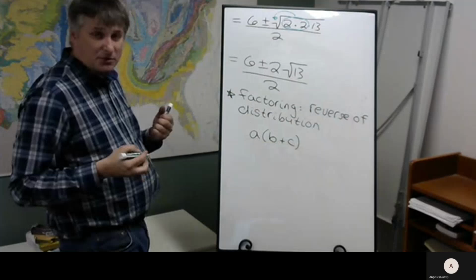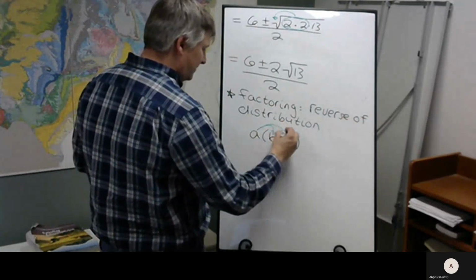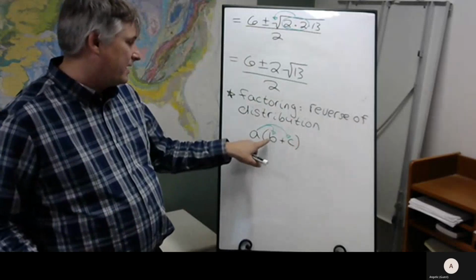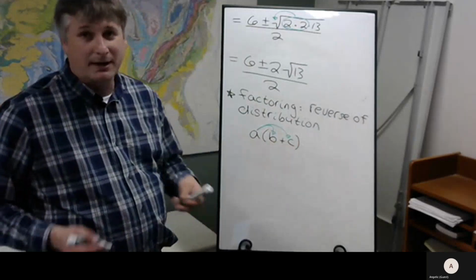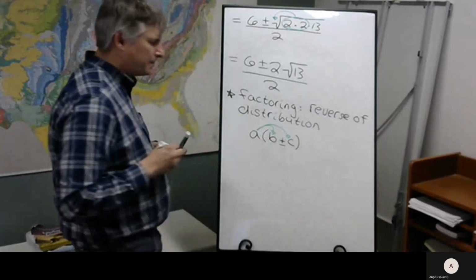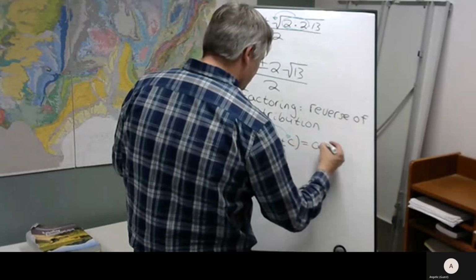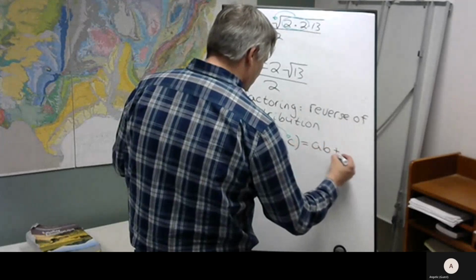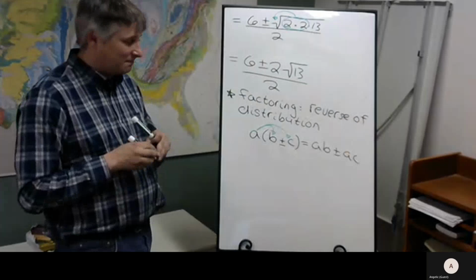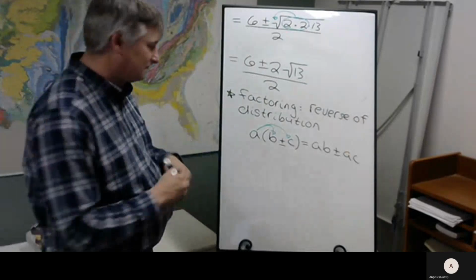The distribution says we can simplify this or drop the parentheses if we multiply the b and the c by a. And this is true if you have a minus also. You can do that also. And so you'll get this. So this is what's called distribution.